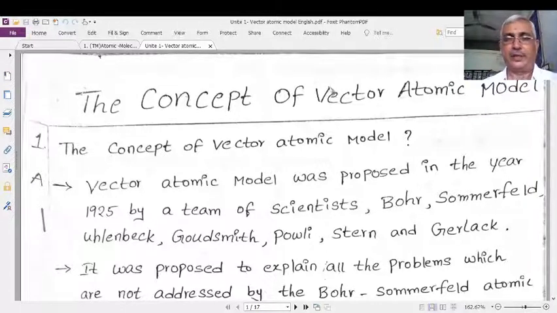An atomic model says how the subatomic particles are arranged together to give a stable structure, or how the electrons and the nucleus are arranged together to give a specific structure to the atom. This is what is known as the atomic model.